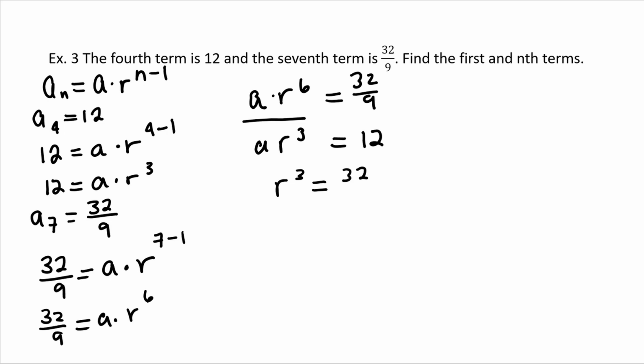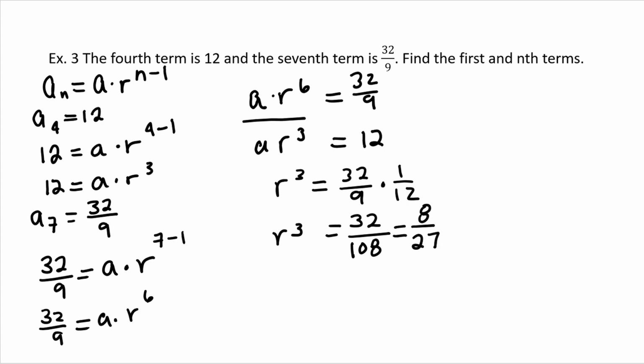That is, we're going to have 32/9, and if you divide by 12, it's multiplying by 1/12, and this will give us, multiplying across, 32 divided by 108, and 32 over 108 reduces to 8/27. How nice is that? The cube root of 8 is 2. Cube root of 27 is 3.